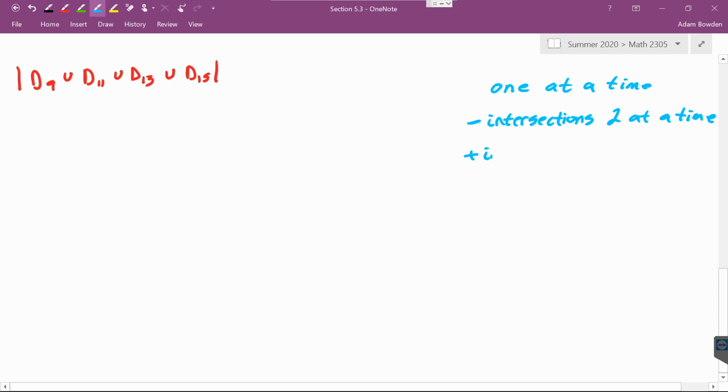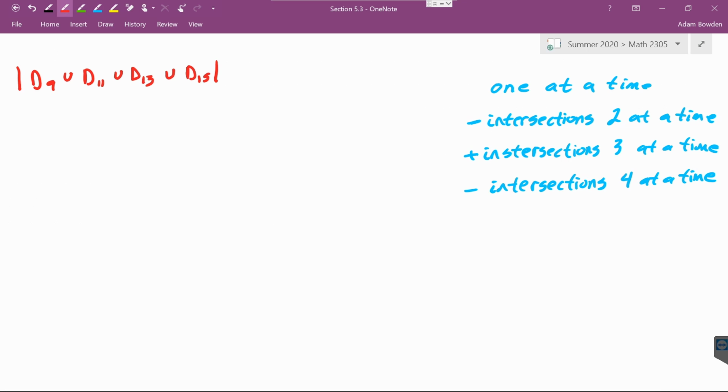But we're going to add the number from the intersections 3 at a time. And then we're going to subtract the number in the intersections 4 at a time. Okay, and the reason why I'm doing this again is inclusion-exclusion.